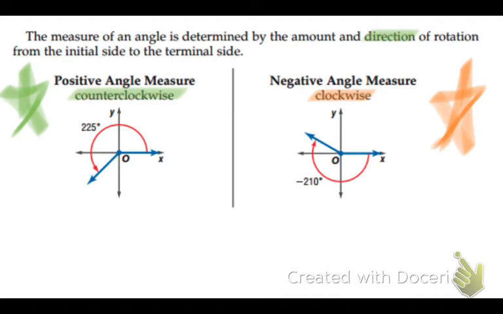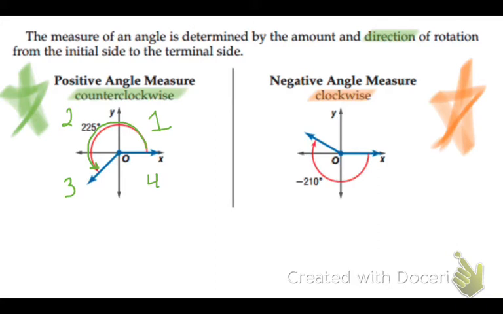So one way to remember this, we know that this is quadrant 1, 2, 3, 4. If my numbers go in order, 1, 2, 3 to 4, and so on, that is counterclockwise rotation.